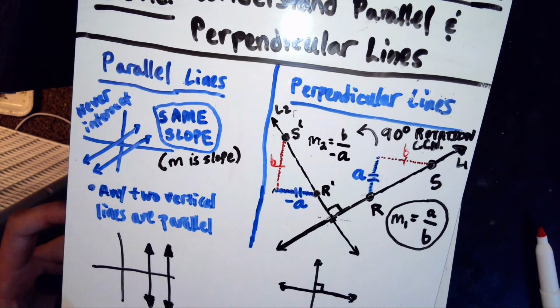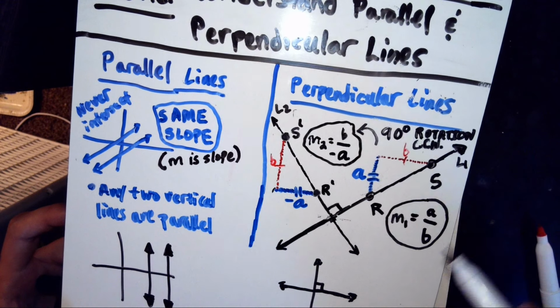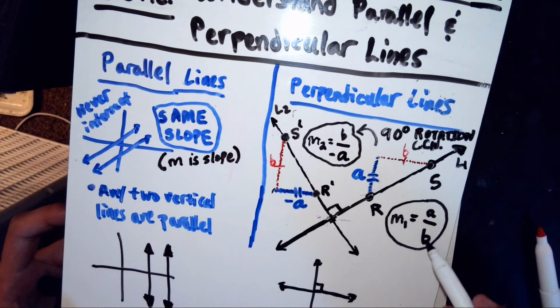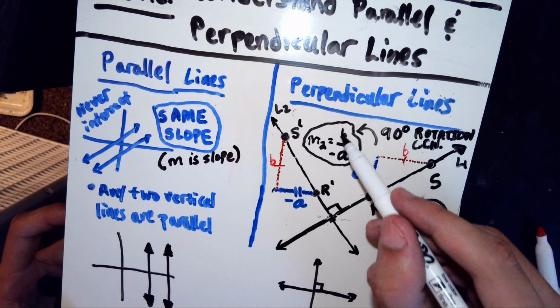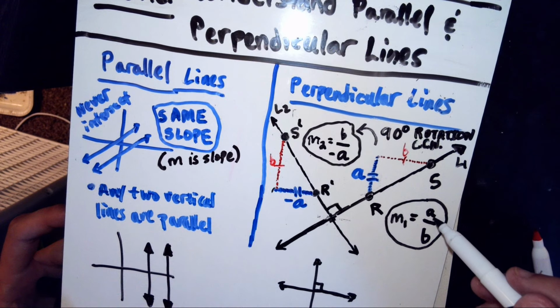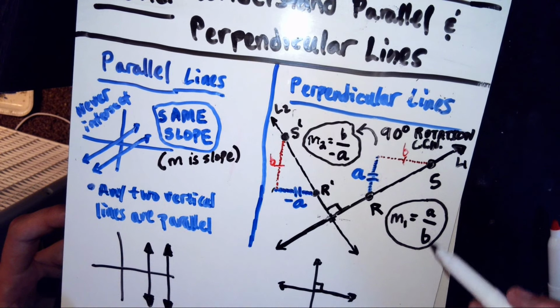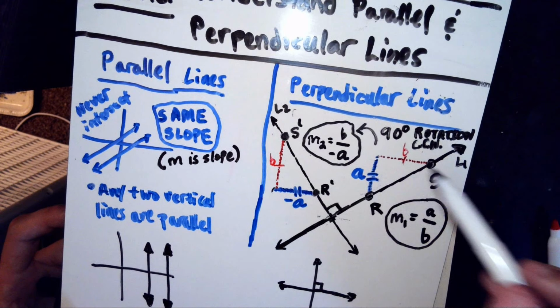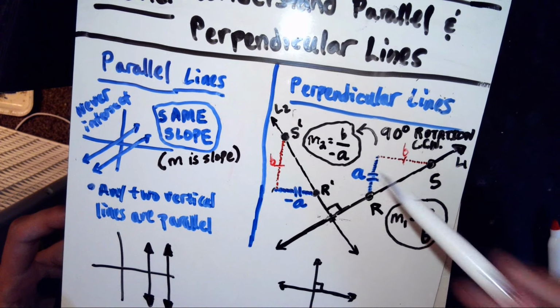Now let's take a look at the relationship between M1 and M2. M1 is A over B. M2 is negative B over A. So notice that the positions of A and B are interchanged in perpendicular lines. And also notice that this one is the opposite sign as this one.